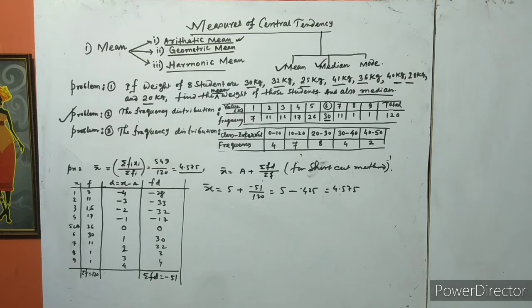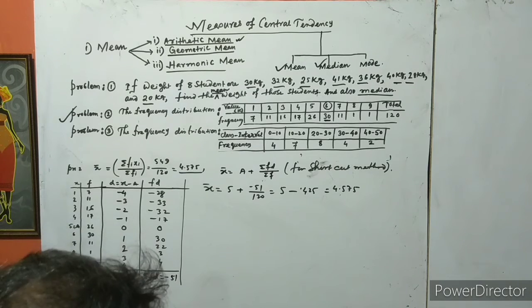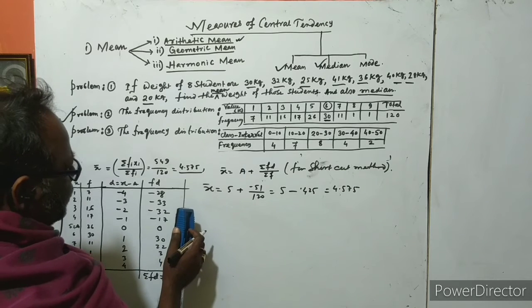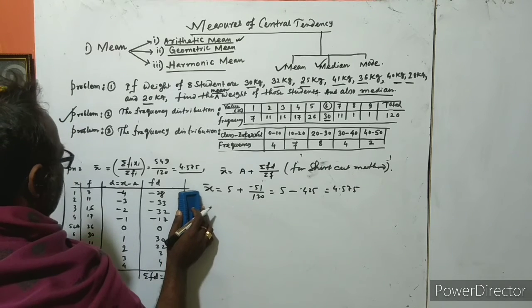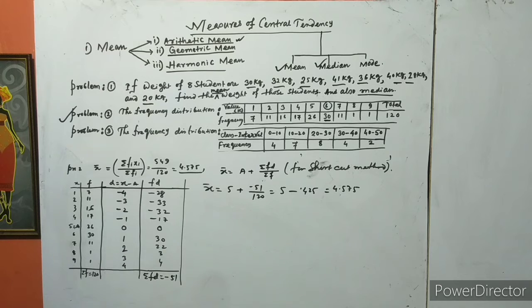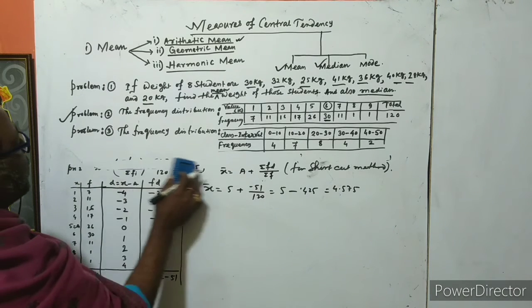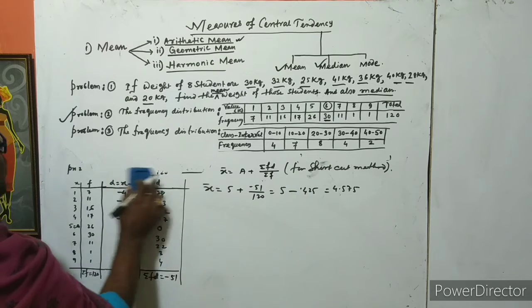Okay. Now the another point, we have to find the median. In that case we have to find the cumulative frequencies. Okay, see carefully, this is the calculation, most important calculation. And now we have to find the median for this table.